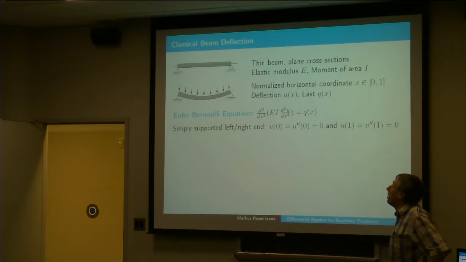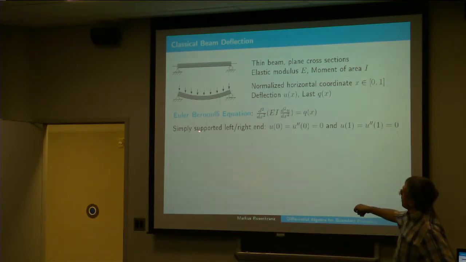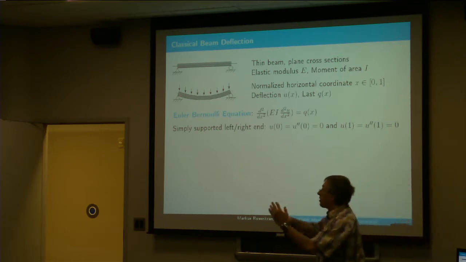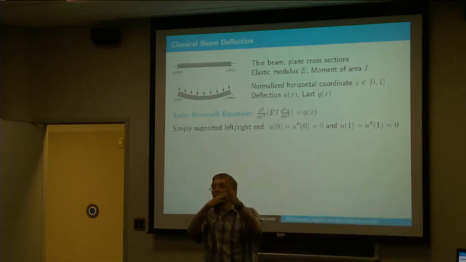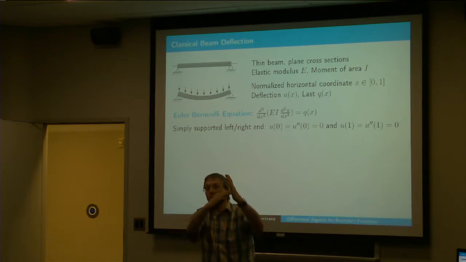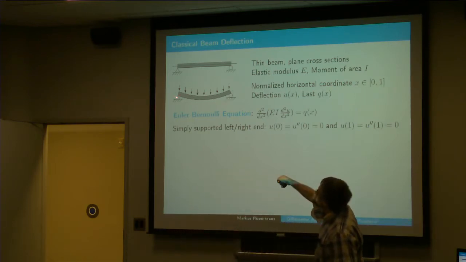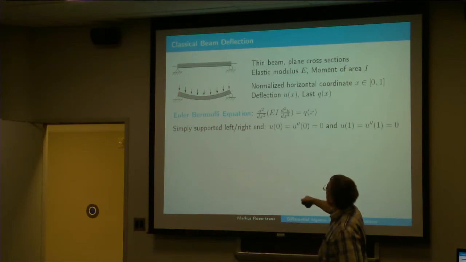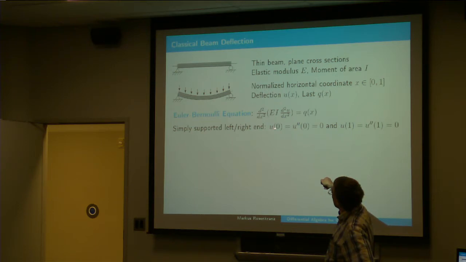And typically, you will assume something like a simply supported boundary, which means that the beam can move, but it cannot move out of the position, okay? It can only rotate up and down. So, like here. So that's a simple support here. And mathematically, this comes out as the zeroth derivative, the function itself, and its second derivative vanishing.